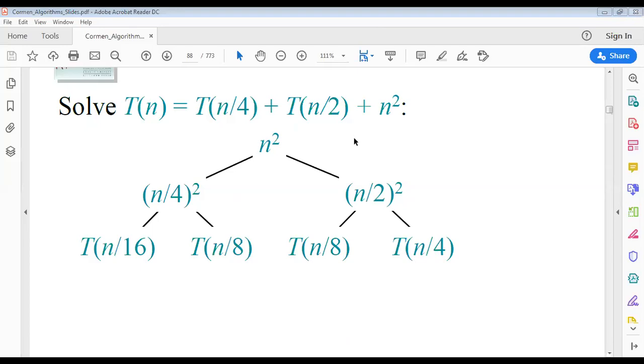So if we put here, instead of T of n, we put n by 4, then what will be the result? Let's write here.